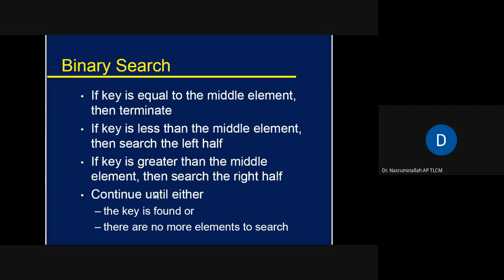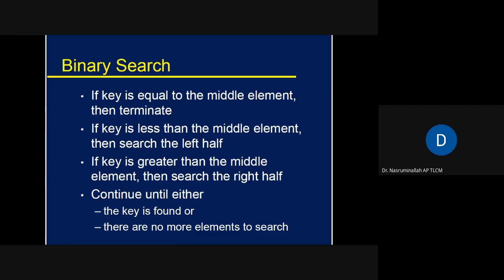So in each of these different conditions, as I said, we perform a different task, and after each of these different conditions, we again reinitialize our limit and keep on performing this binary search on the revised limits of the data.